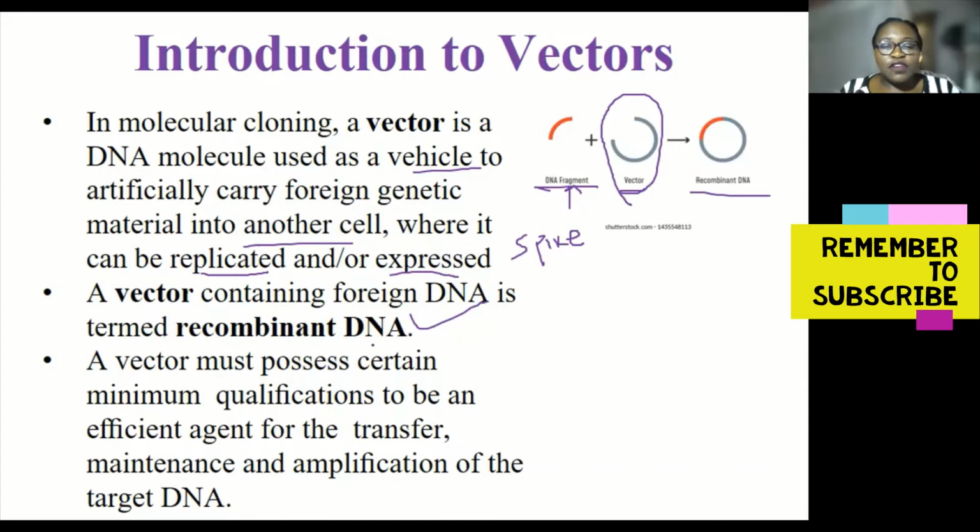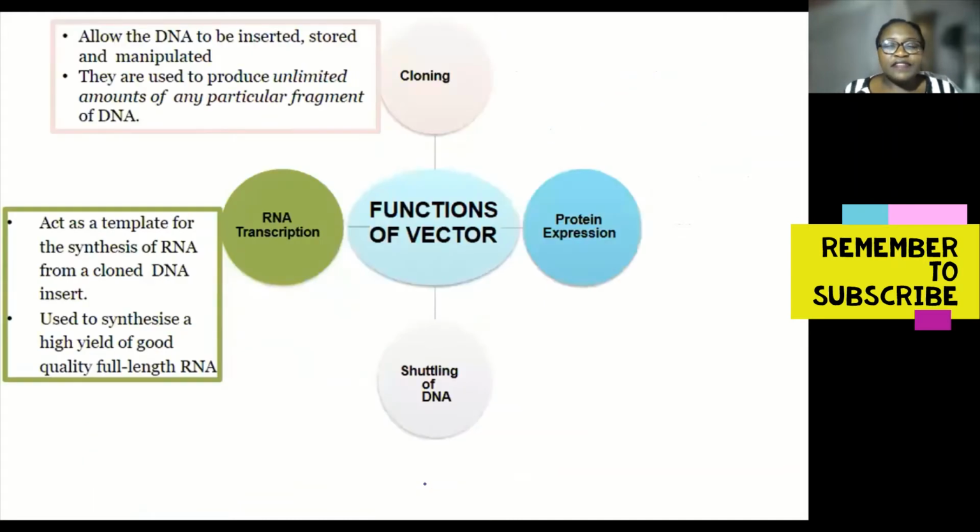Now, a vector, of course, must possess certain minimum qualifications to be an agent of transfer, of maintenance and amplification of that target DNA. And we shall be looking at some of these qualifications in another series. So let us reflect on the four main functions of a vector. One of them, which is the most basic, is cloning.